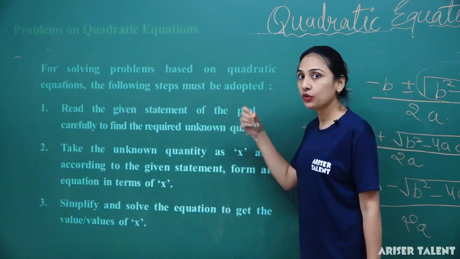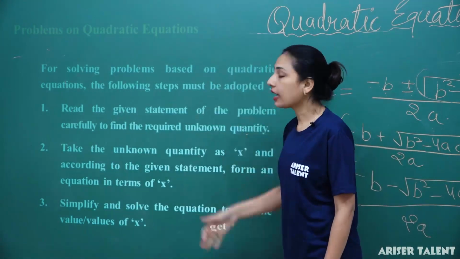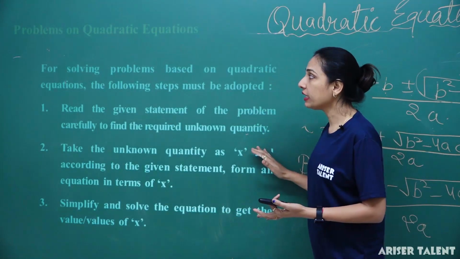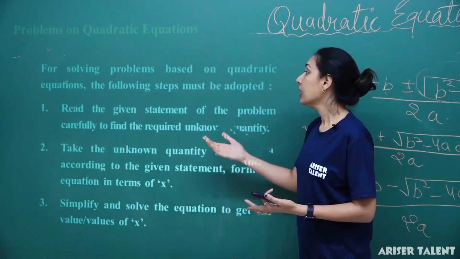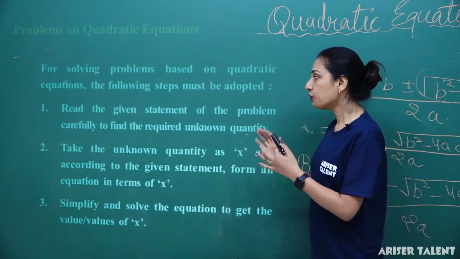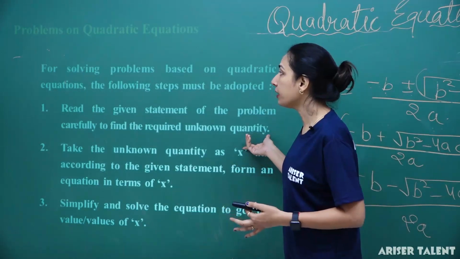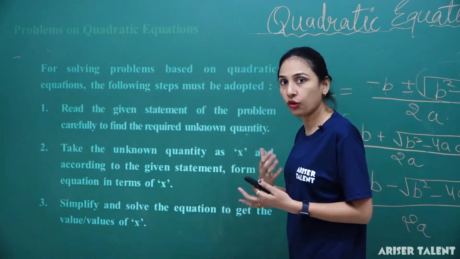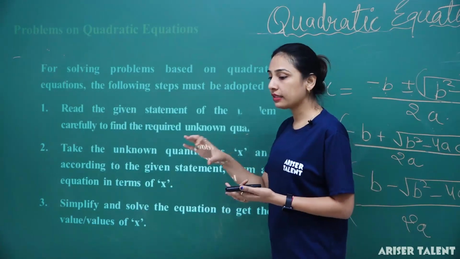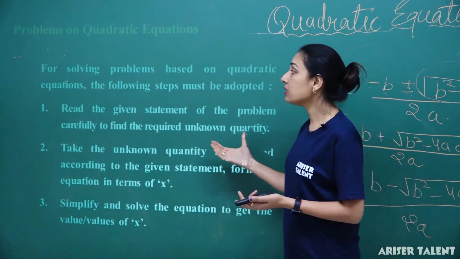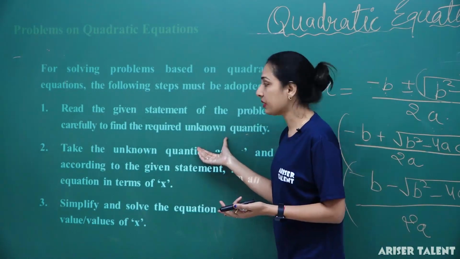After that, we used these types for solving the quadratic equation. How do we solve that? We read the given statement of the problem carefully to find the required unknown quantity. In case you are given a language question, you have to read that question thoroughly and carefully, and find out what the examiner is asking.